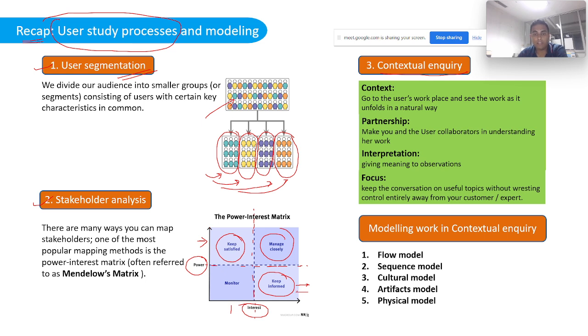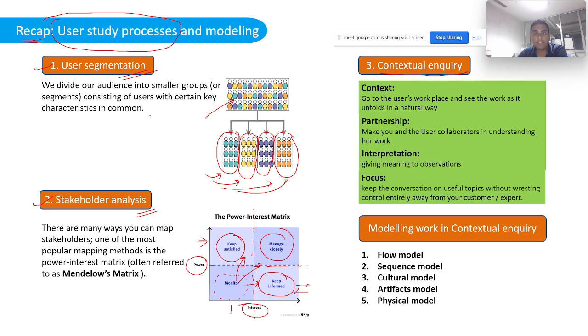And the last group is the one with the lowest power and lowest interest, who are not directly involved in your design objectives or interests. However, you need to monitor these stakeholders to check if they sometime in future fall into these other categories. Okay, so that's stakeholder analysis.